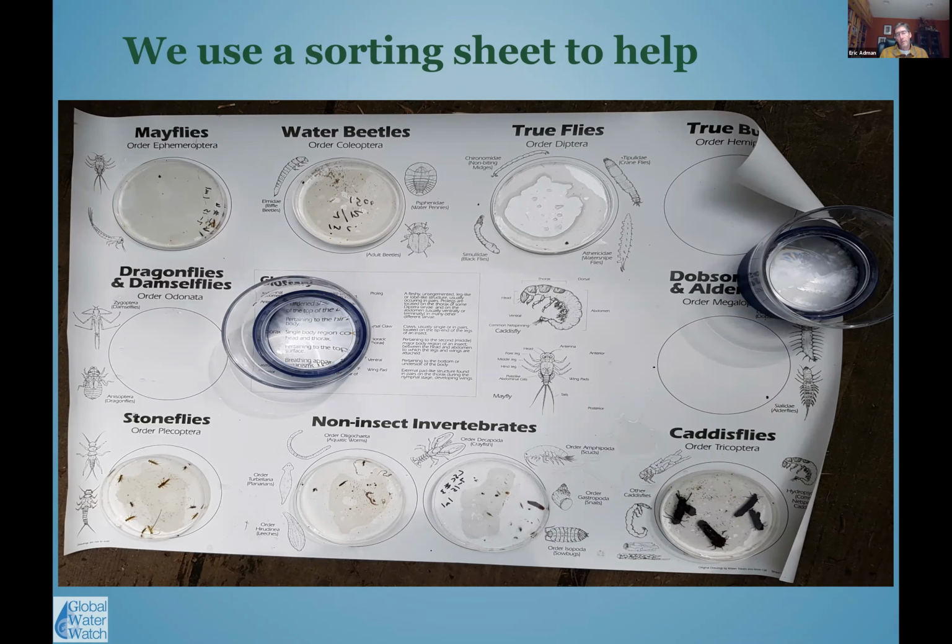Once in a while, there's something we find that's not in our guides, so I have some other reference materials I bring along. But there's also a thing called a dichotomous key, where you go, okay, does it have segmented legs? No. Okay, does it have a body like a worm? Yes, etc. That can help you sort things out. But the quickest seems to just be using the photographic guides.